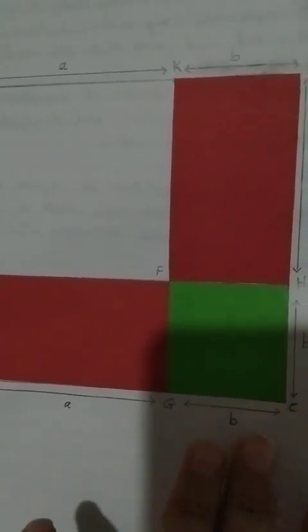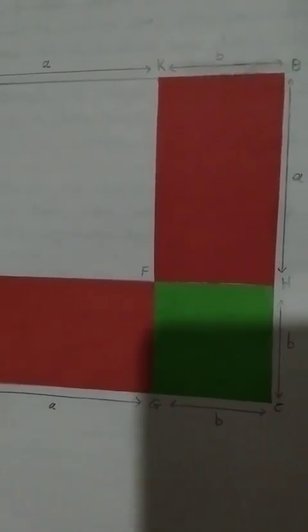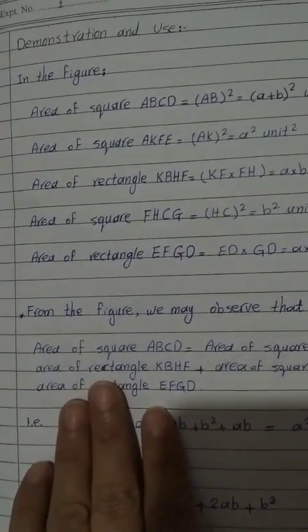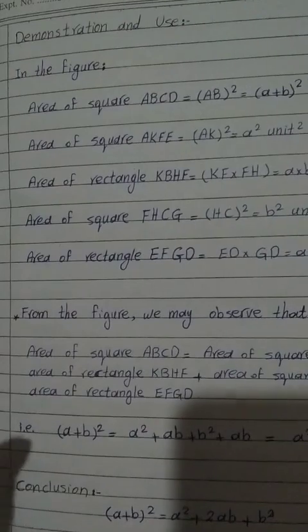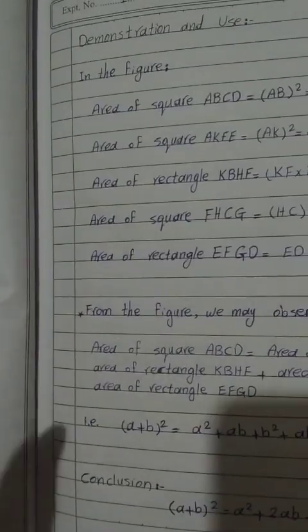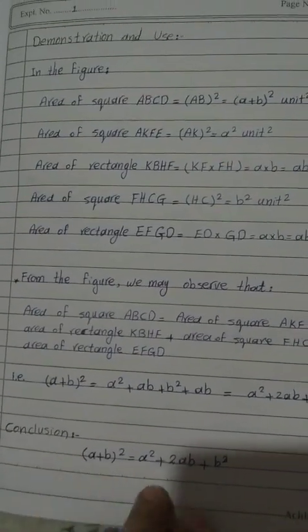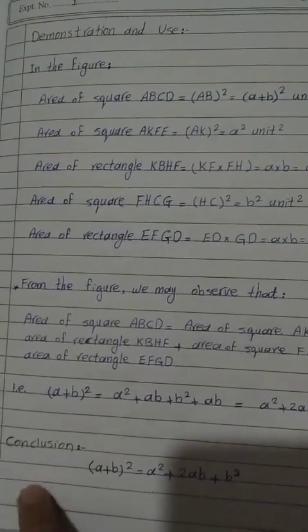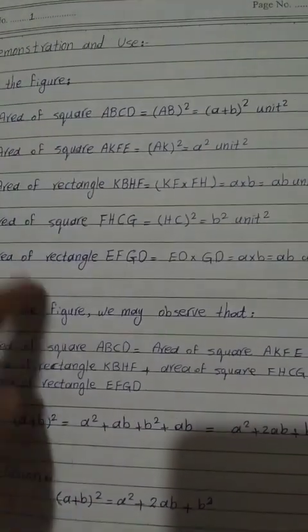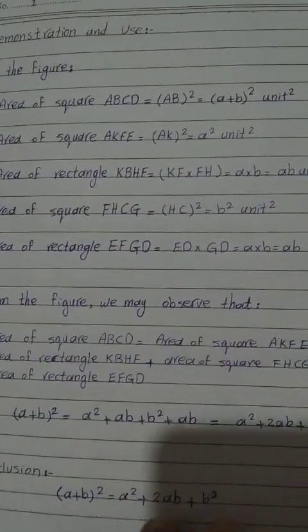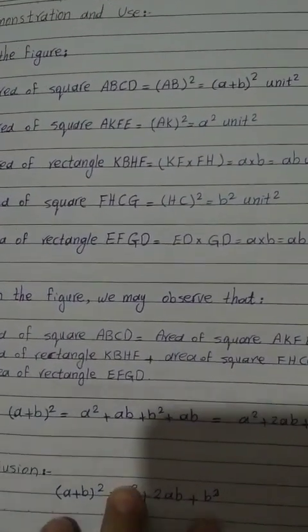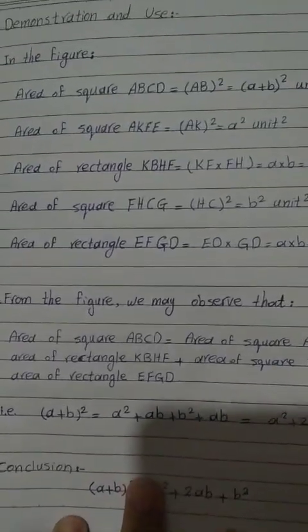Now they are going to explain in the preparation part how to do it. Then you cut the paper the same size and put them here. And then demonstration means that based on whatever you drew and cut, it is going to do some calculations and come to the conclusion. This conclusion is the same formula, meaning based on this, we came to know that this formula is correct, or this formula is like this.